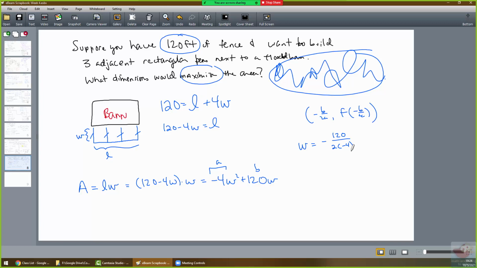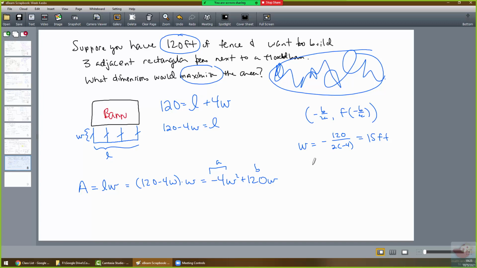We're almost done. Negative 120 over 2 times negative 4. Don't tell me! 60. I think that's 15. So when the width is 15 feet, that would maximize the area.